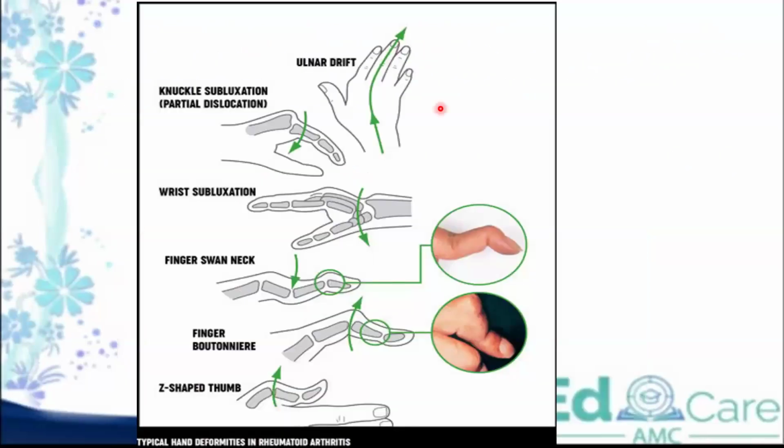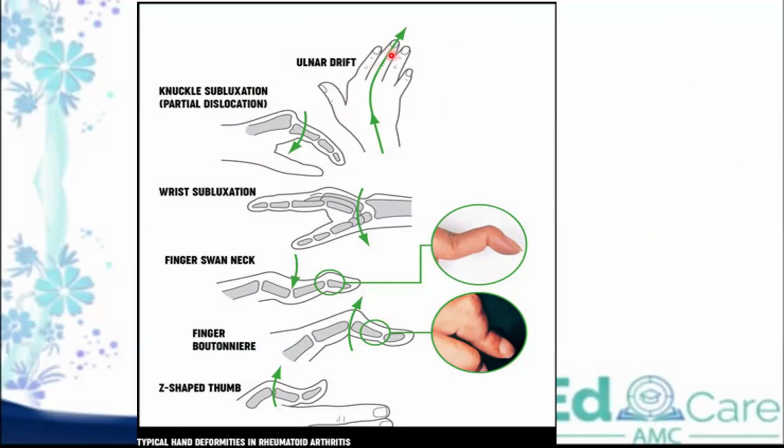So these are just for you to have a look at the deformities that are associated. Again, no need to memorize. Just know that these are the deformities, so that when it comes in a question, you have that sort of picture memory coming to you. Okay, this is the picture for rheumatoid arthritis, right?